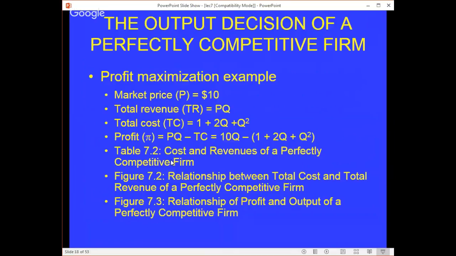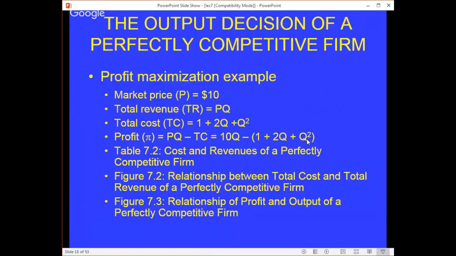So total cost is 1 plus 2q plus q squared. Profit, as we saw last time, is total revenue minus total cost. Total revenue is P times Q, and P is 10. And total cost is given by the formula here. So I have 10 times Q minus (1 plus 2Q plus Q squared).